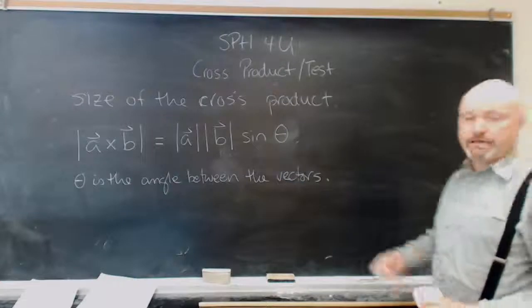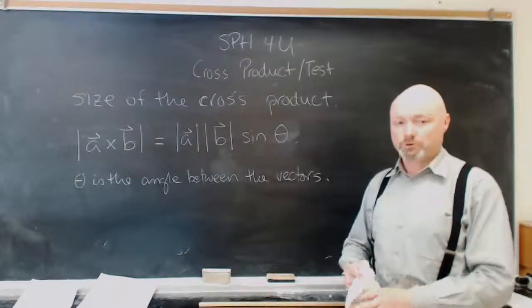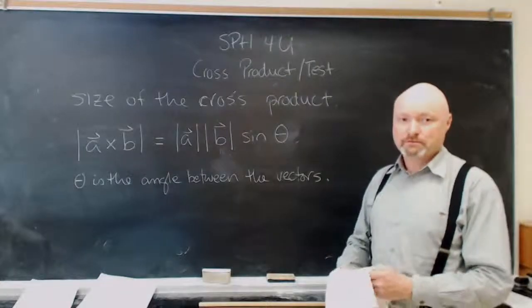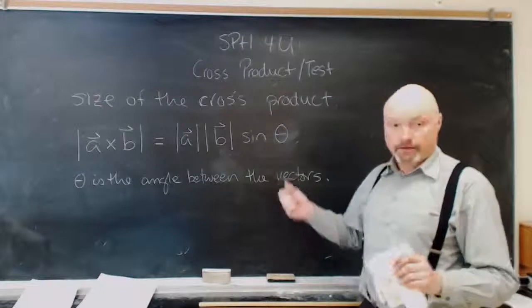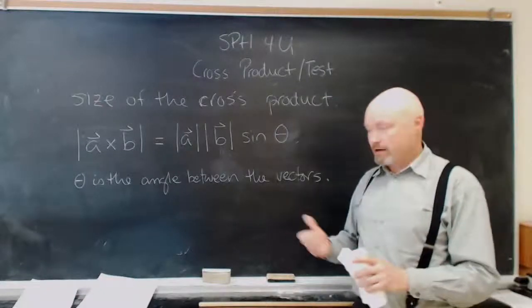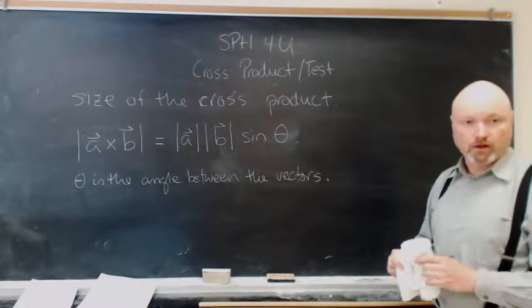Now in the CEMC materials, they actually have a big, long, giant proof of where that formula comes from. Just take a quick look at it out of interest, just so you know what it looks like. It's very long and involved though.